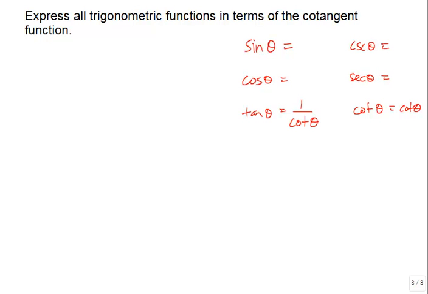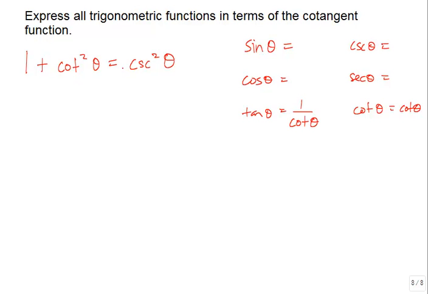So I'm going to think in terms of those identities that we have, and the only Pythagorean identity that I have that refers to a cotangent is the one that says 1 plus cotangent squared theta equals cosecant squared theta. So if I solved this for cosecant, then it would be in terms of cotangent.